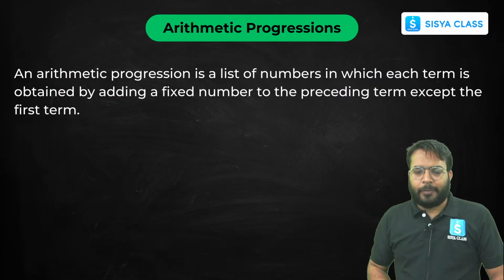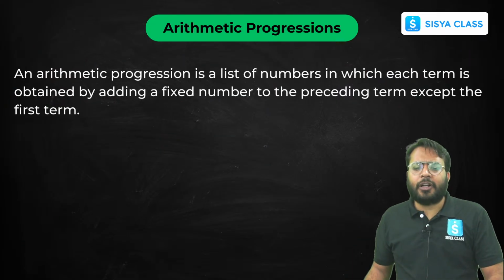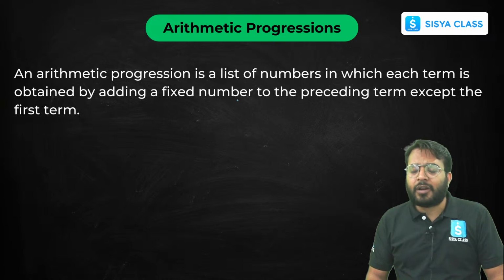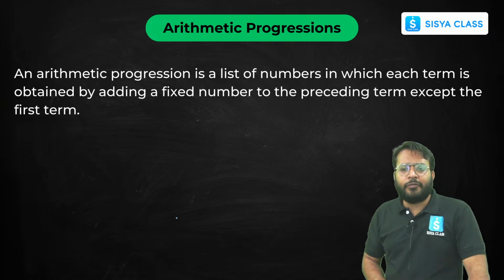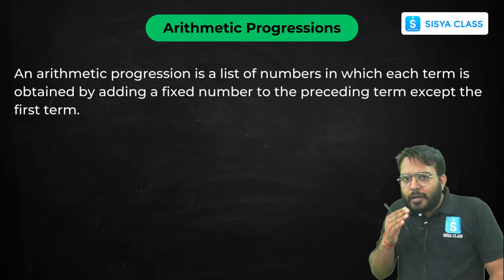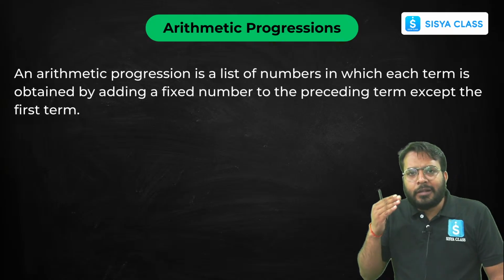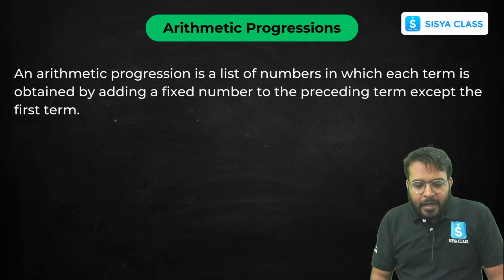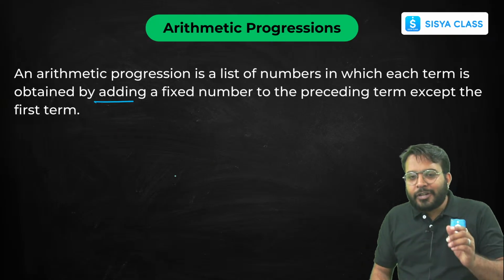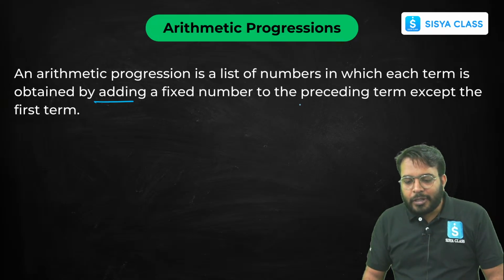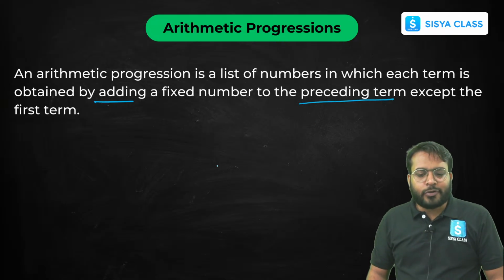So this is the definition of arithmetic progression. Arithmetic progression means when you have a list of numbers or a pattern of numbers where you get the next term by adding or subtracting a fixed quantity to the preceding term. Understood my point?